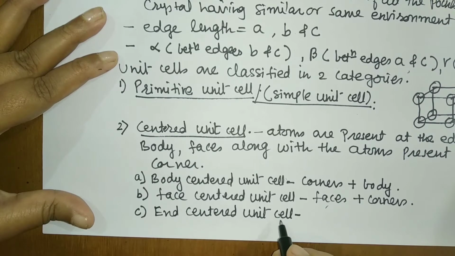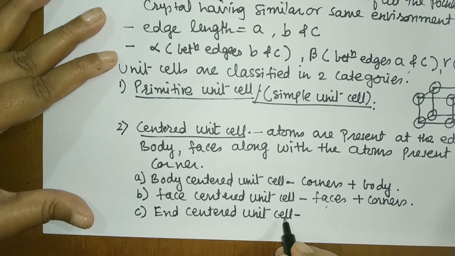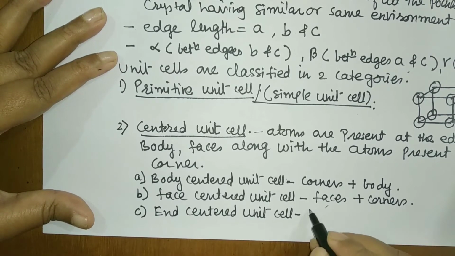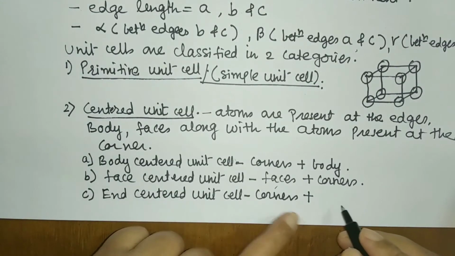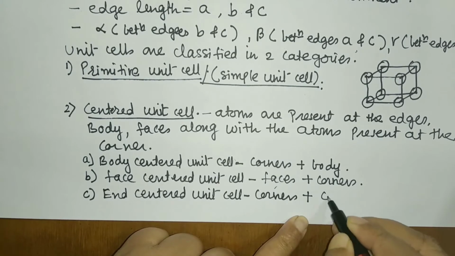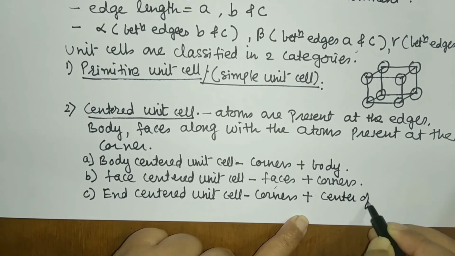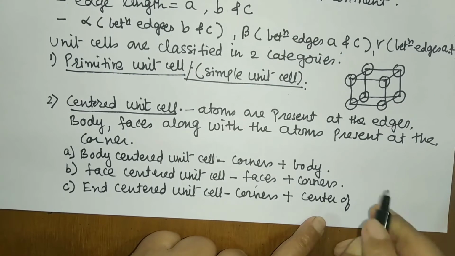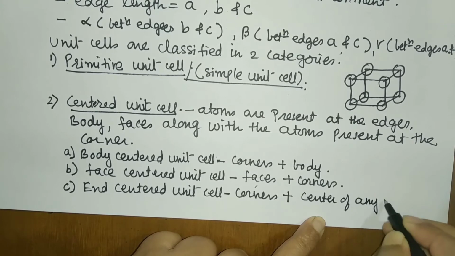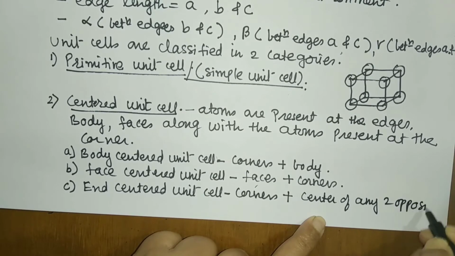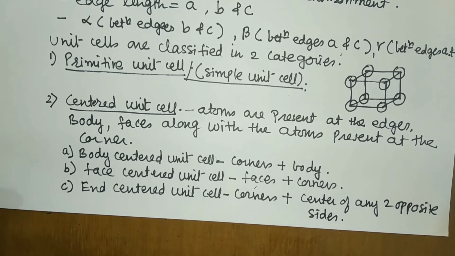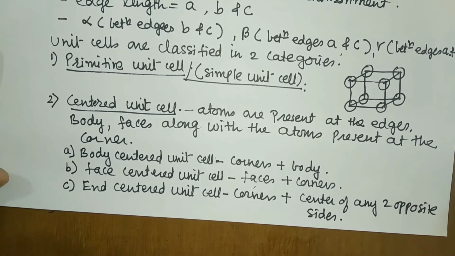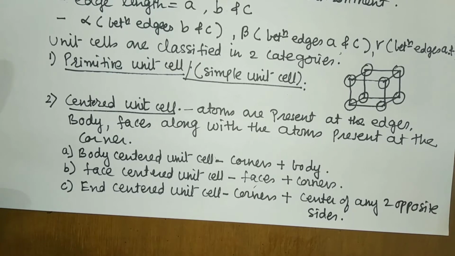In such a unit cell, the constituent particle is present at the corners plus an atom is present at the center of any two opposite sides. Now what is the meaning of center of any two opposite sides? So let us understand the three types one by one.